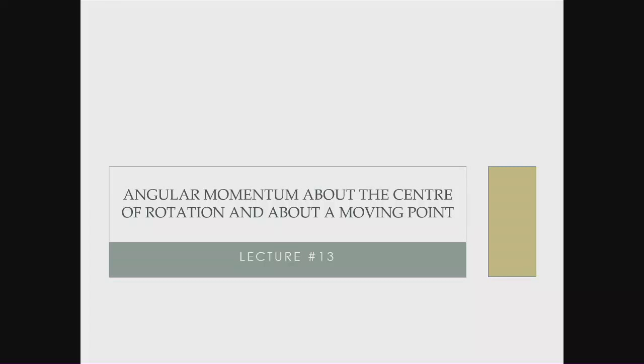So O is the center of rotation for purely rotational motion, which I'll also call purely rotational motion in short, and C, some general point. So we need to discuss these two things in this hour.